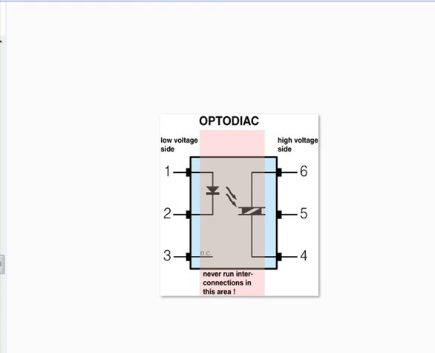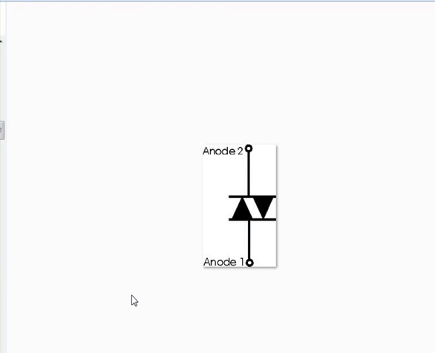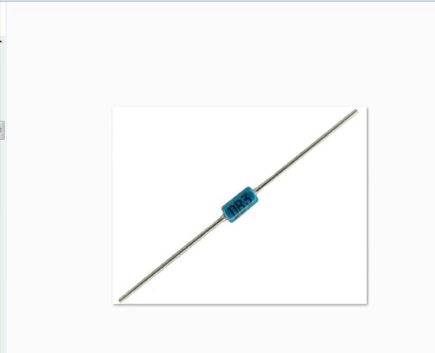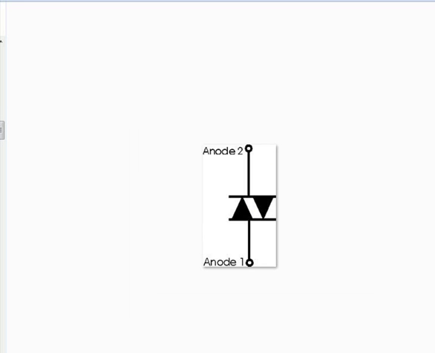The other component is called a Diac, and the Diac is a bidirectional device. It conducts in both directions. It looks like a very small tiny component like this. The symbol is like this, and they are always rated with a particular voltage, and only if it crosses that voltage does it conduct, like a diode in both directions.